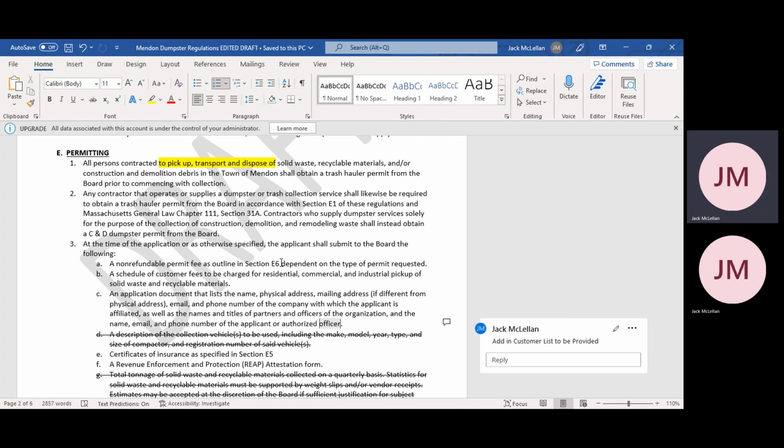As the resident, we're the collectors, collecting it for somebody to come and pick it up, transport it, and dispose of it. Gotcha. There you go. I had to think about that.